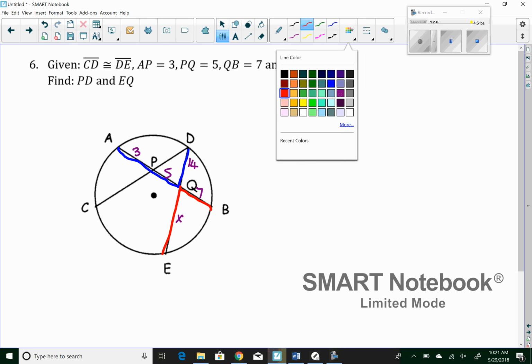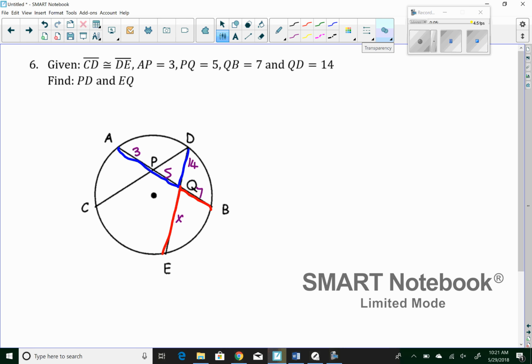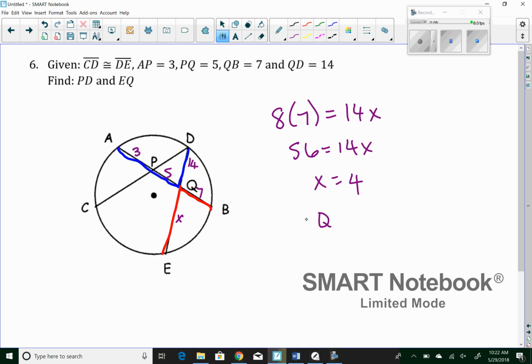So I have a segment of 8 compares to 7, the same as 14 compares to x. 8 times 7 is 56 equals 14x, divide by 14 and you get x equals 4. So EQ, not an arc, it's a segment, is 4.